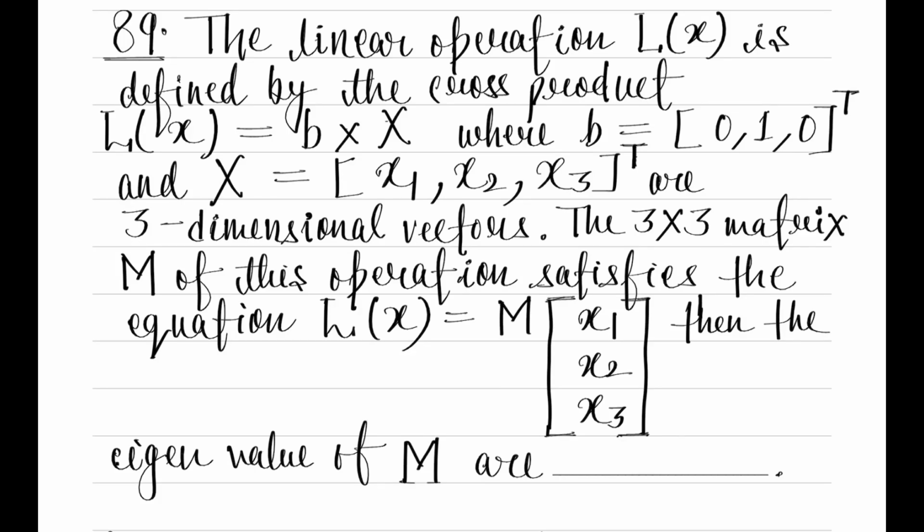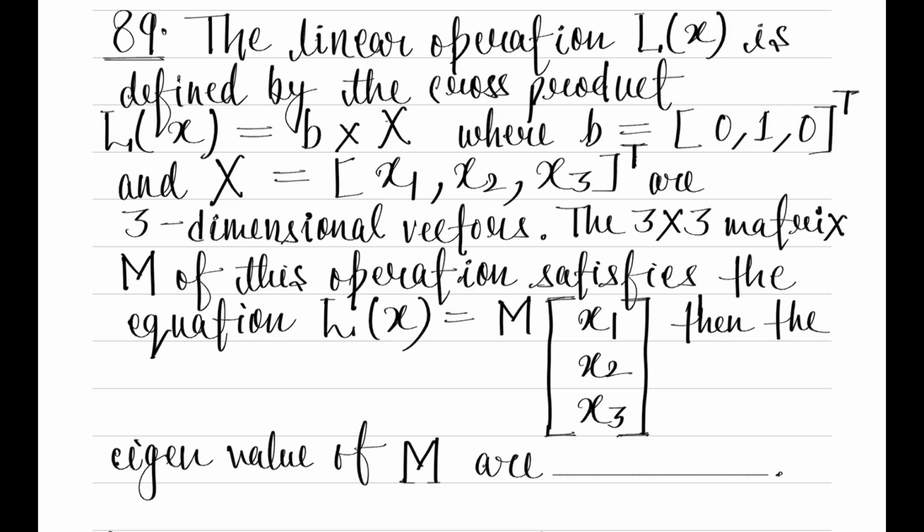Problem number 8-9. The linear operation Lx is defined by the cross product Lx equals b multiplied by x, where b equals 0 1 0 transpose and x equals x1 x2 x3 transpose are three-dimensional vectors.